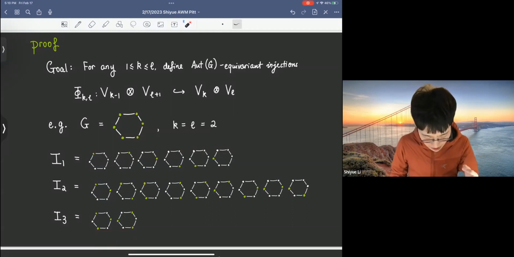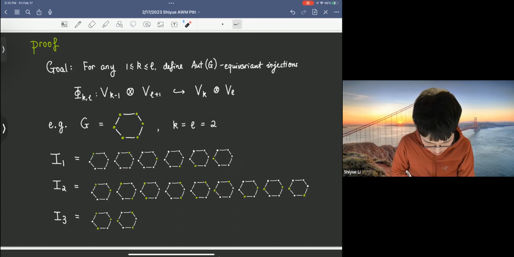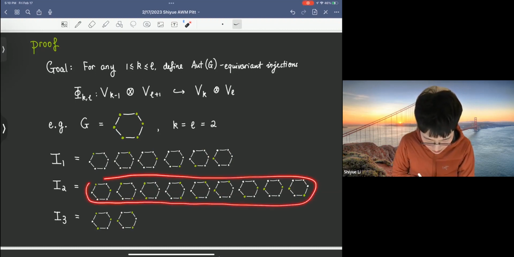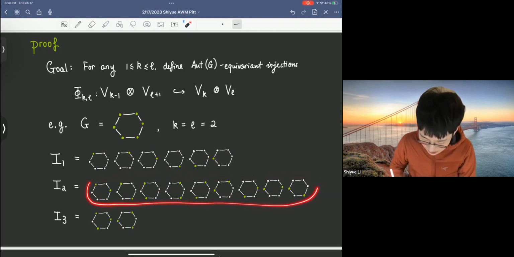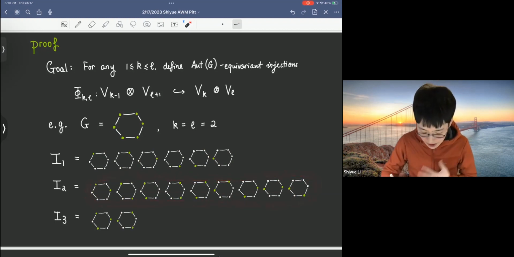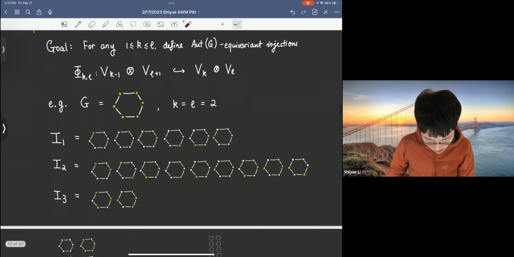Namely, what I'm saying is that this graph has 1 times 6 times 2, so there are 12 of these. This one will pair itself with itself to give a basis for this vector space.